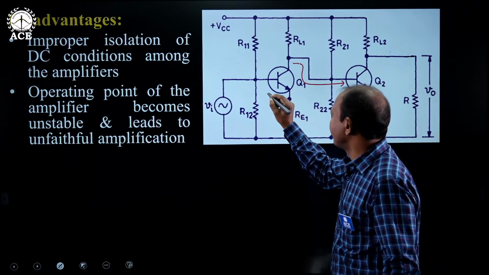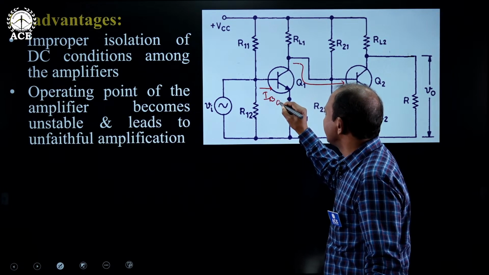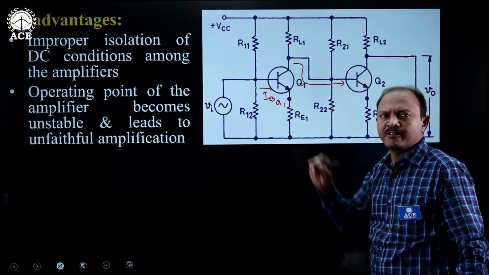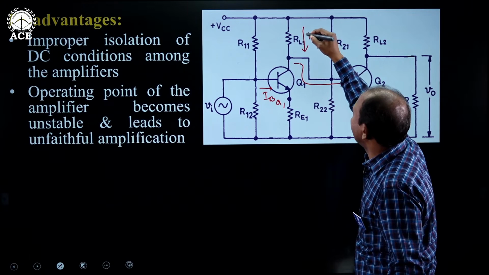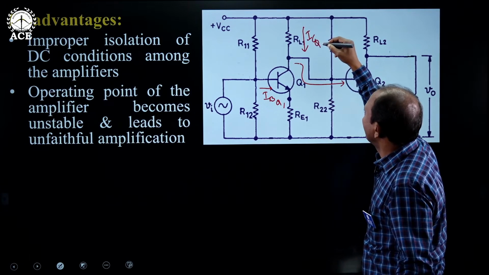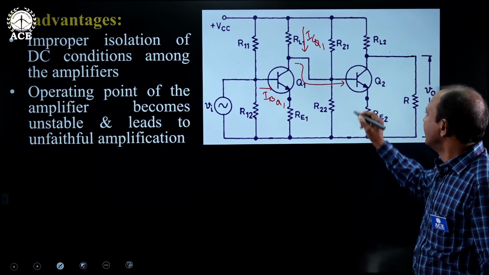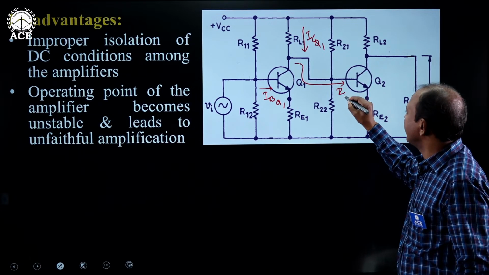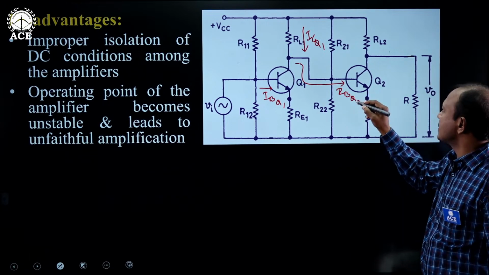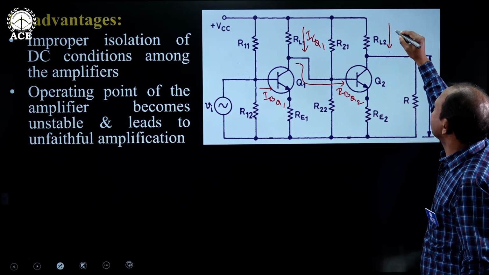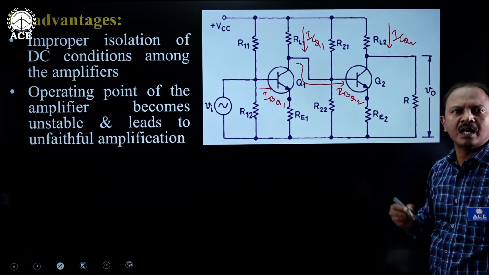For example, let us say IBQ1 is the DC base current we maintain at the base of Q1, which will automatically establish a collector current called ICQ1, one of the most important coordinates of the operating point. Similarly, we maintain base current IBQ2 for the second transistor Q2. This will help us to establish a quiescent collector current ICQ2 as another important coordinate of the operating point.